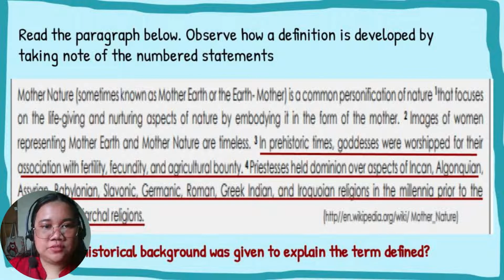Okay, so now let's proceed to the next one. What historical background was given to explain the term defined? Okay, so we have here the 3rd and 4th sentences. That is the historical background given to the term Mother Nature, or the term being defined.